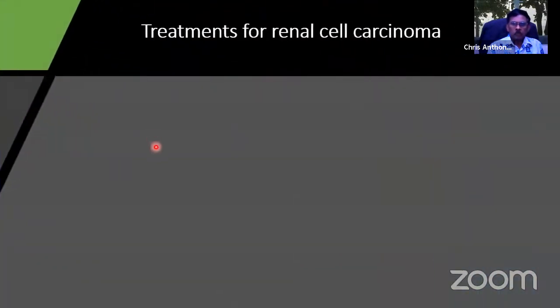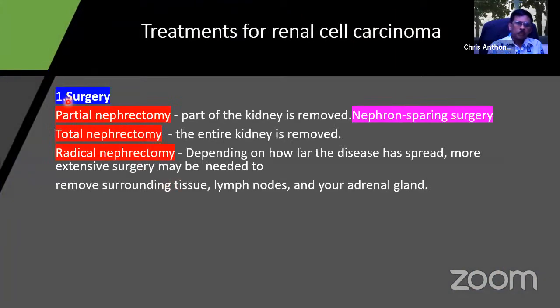A bit of detail into the treatments available. First, as I said, surgery, which consists of partial nephrectomy, where part of the kidney is removed. The newer form of this treatment is known as nephron sparing surgery, which is a lesser surgery than partial nephrectomy.